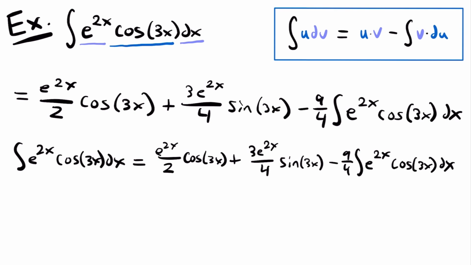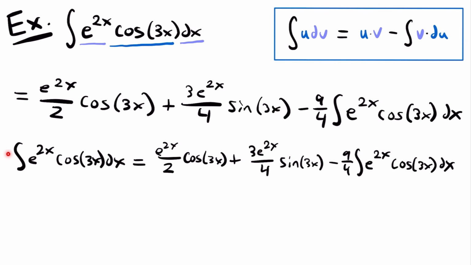And so now what we can do is combine like terms, or more specifically, like integrals, right? Both of these integrals are the same, except this integral has a coefficient of negative 9/4, and this integral has a coefficient of 1. So if we add this integral to both sides of the equation, it will eliminate this integral from this side of the equation, and then we will add 9/4 to 1 to combine our integrals.